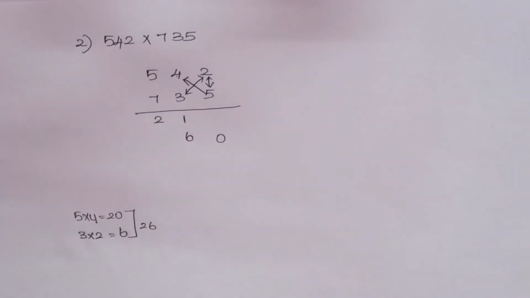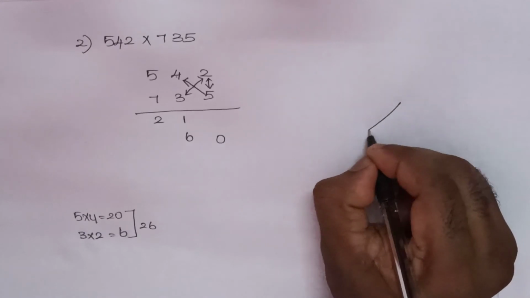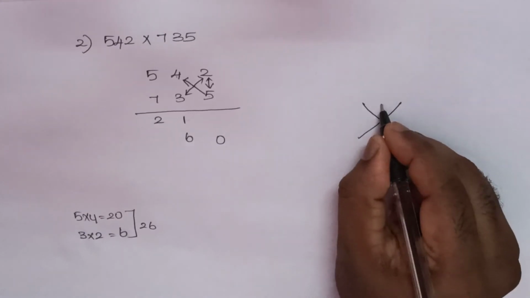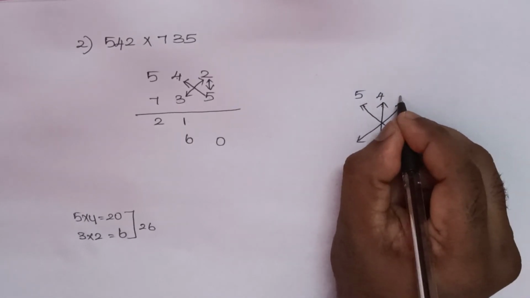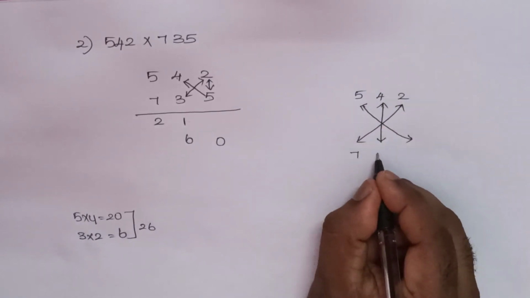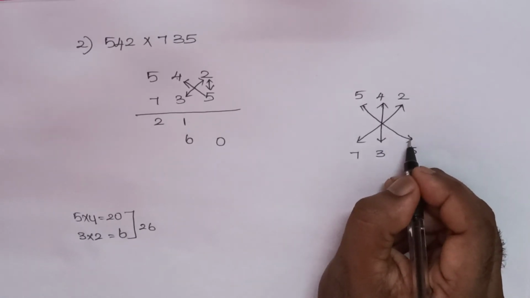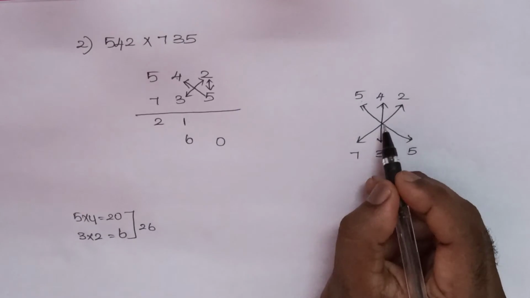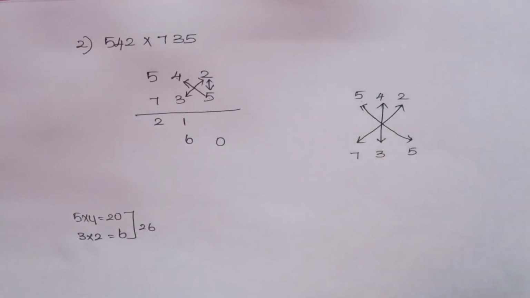After that, the third step is you have to draw like this. So 5, 4, 2 here, 7, 3, 5. You have to cross multiply the unit places with the 100 and multiply the tenth places, and finally add all those things.